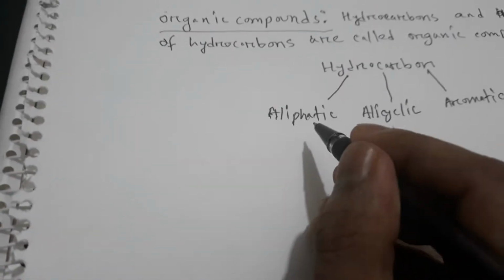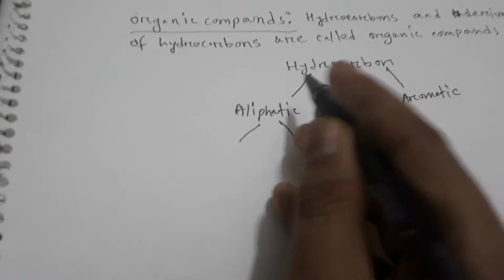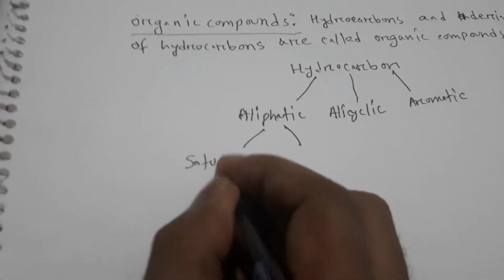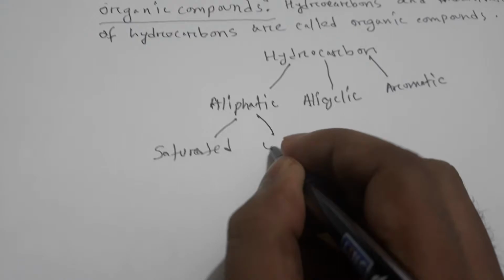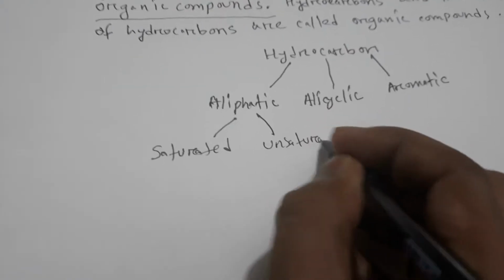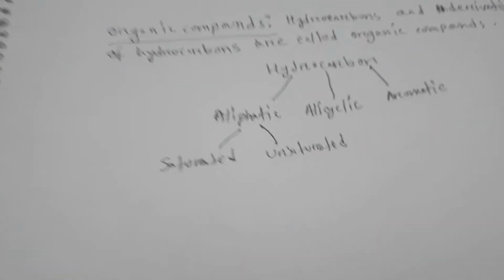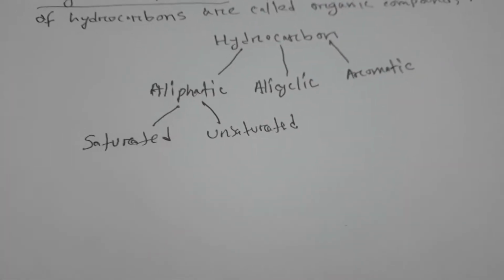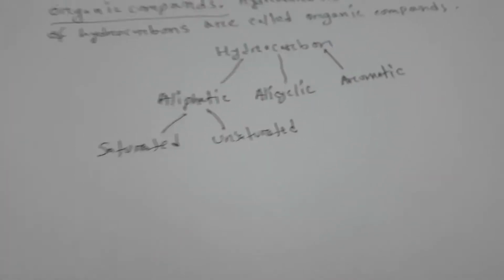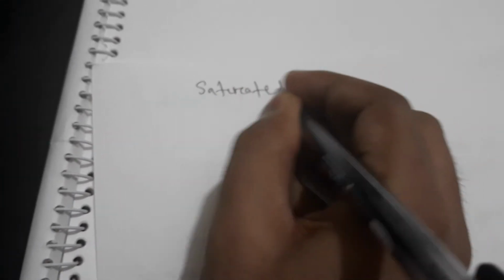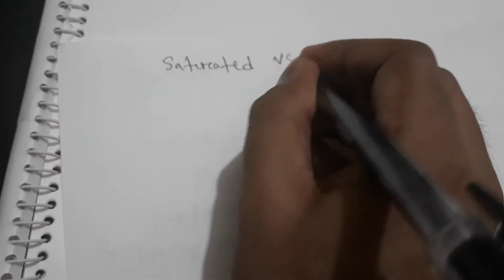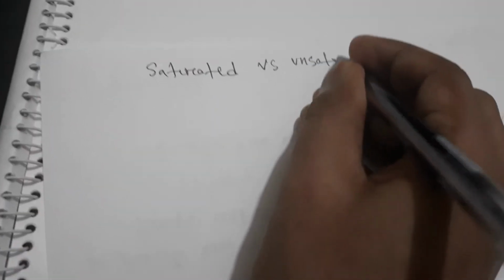Now, aliphatic hydrocarbon are basically 2 types: saturated and unsaturated. Now we have to know the difference between saturated and unsaturated. So basically, this is saturated versus unsaturated.